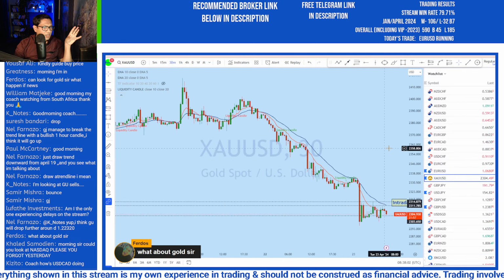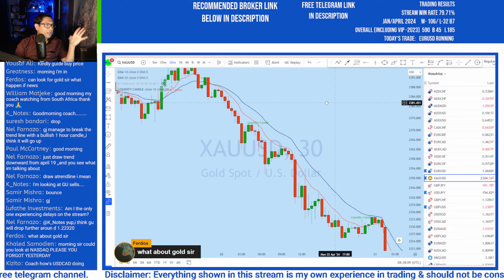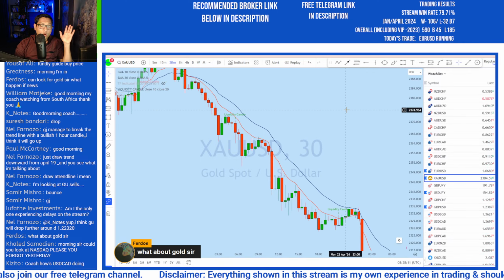If we look at the 30 minutes, guys, if you are using our liquidity candle tool, you might not find a lot of signals in this 30 minute time frame, but keep in mind that when you are using the liquidity candle, the most important part is to trade in the direction of the trend.